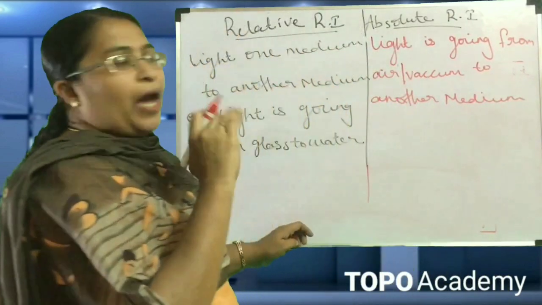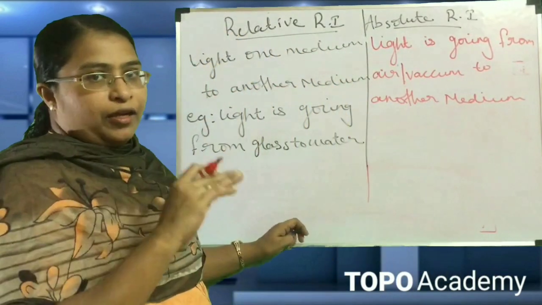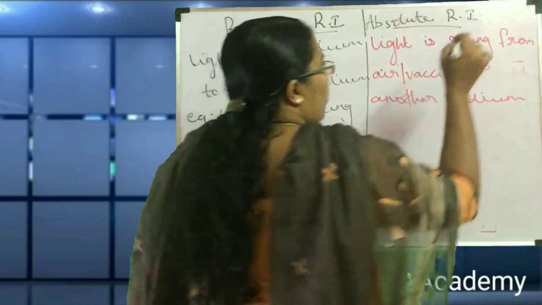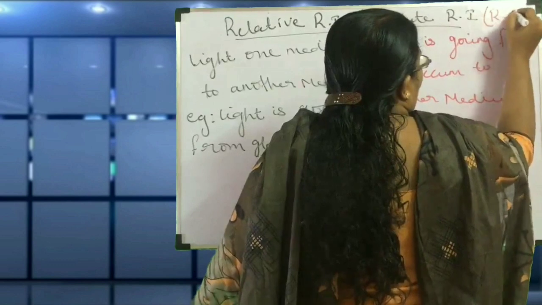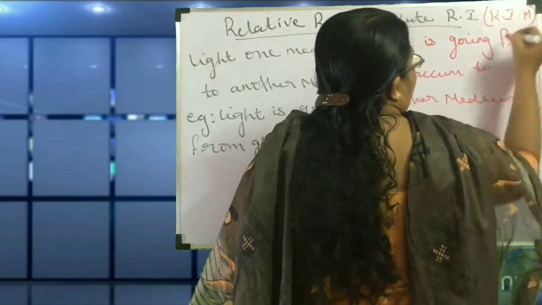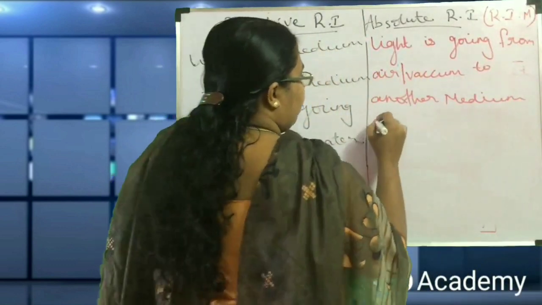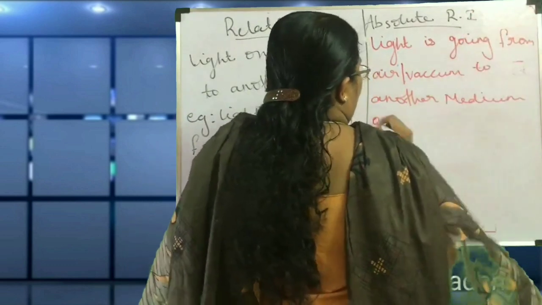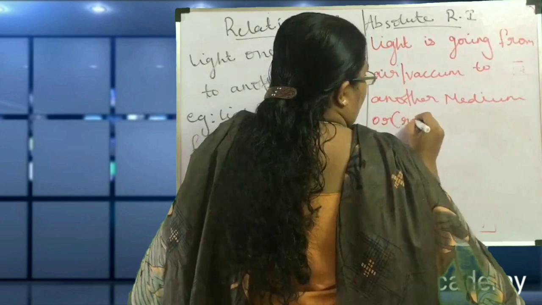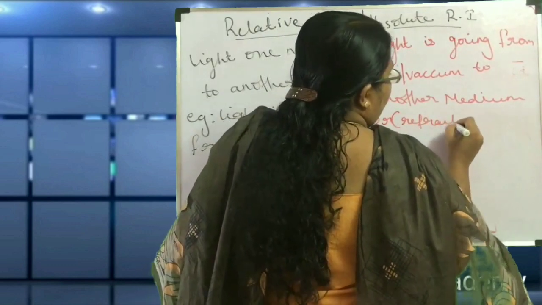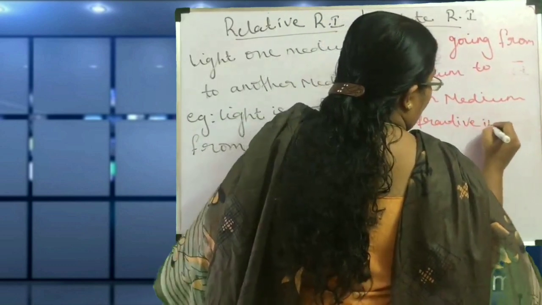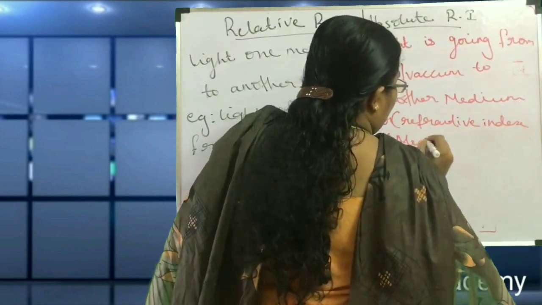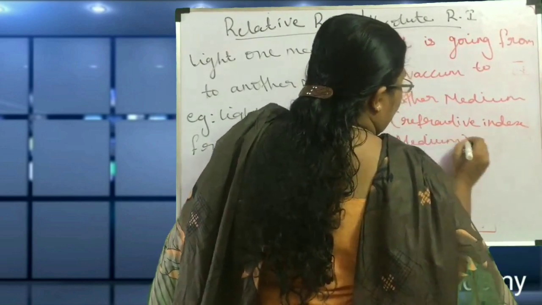When light is going from air or vacuum to another medium, that is known as absolute refractive index, or simply we can call it the refractive index of the medium.